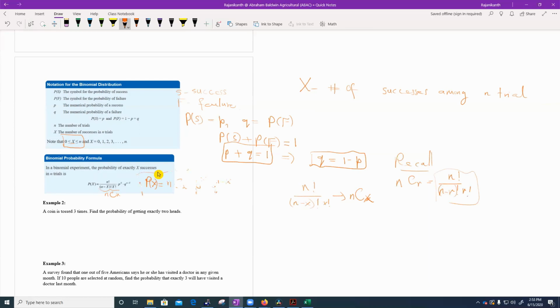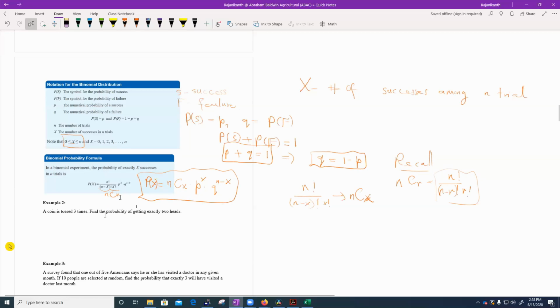So this is the formula we are going to use for the binomial experiment, where the probability is given by n choose x times p, the probability of success for one trial, and n is the number of total trials you are performing, right? Q is the probability of failure. So we will do one example, then you will understand how to apply this formula to a real life problem.